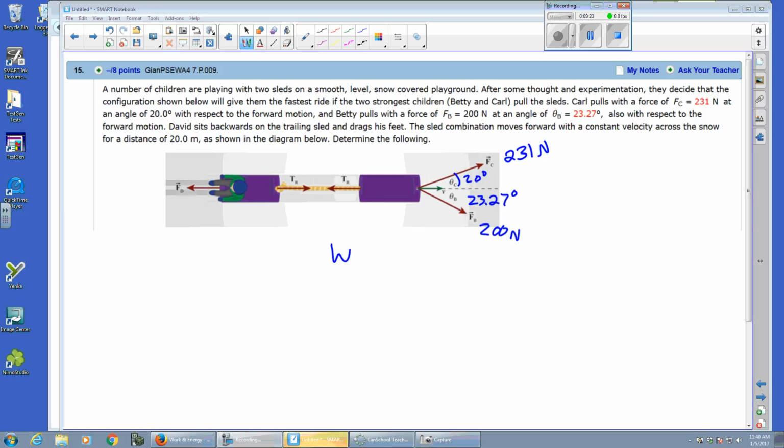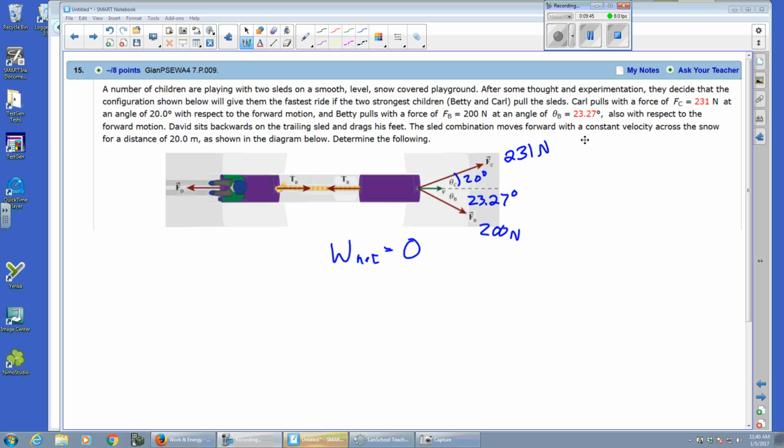So the net work equals 0. You remember from last year, or you're reading, the work-kinetic energy theorem: the net work done on something is the change in the kinetic energy.